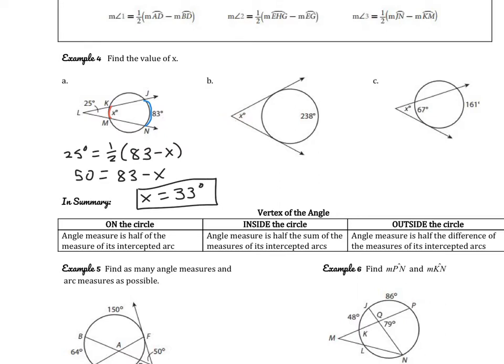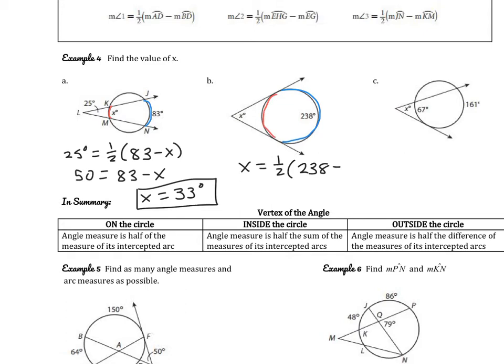Okay, let's look here at part B. So here we're asked to find this angle, and it's two tangents that are intersecting outside of a circle. So the measure of the angle, x, should be 1/2 times the difference of this intersected arc, which is 238, minus this one.